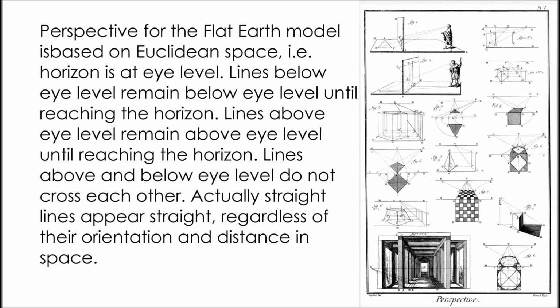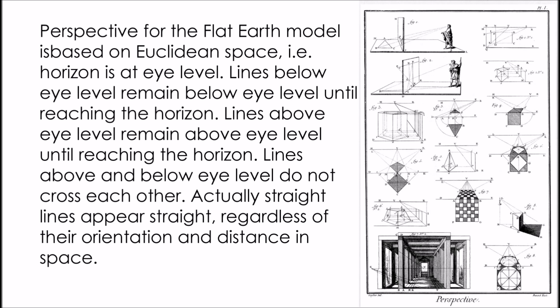For the flat Earth model, the key thing is that perspective is based on a Euclidean idea of space. In other words, the horizon is at eye level. Lines below eye level remain below eye level until reaching the horizon. Lines above eye level remain above eye level until reaching the horizon.